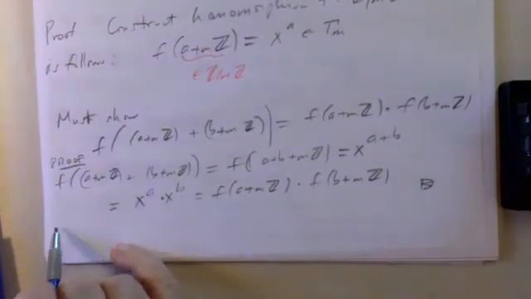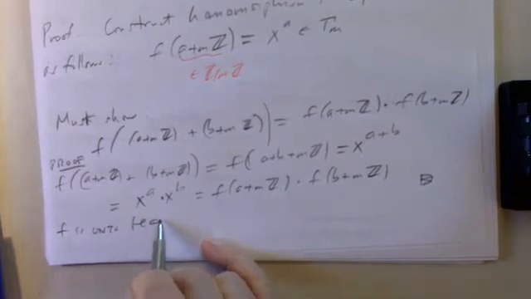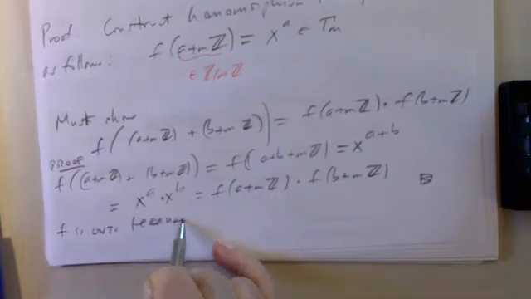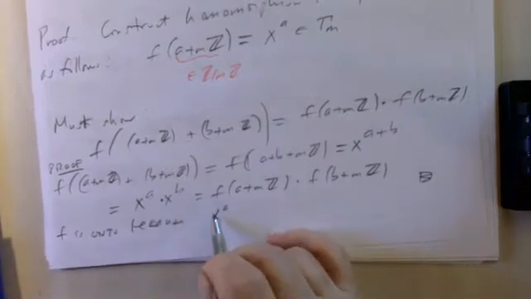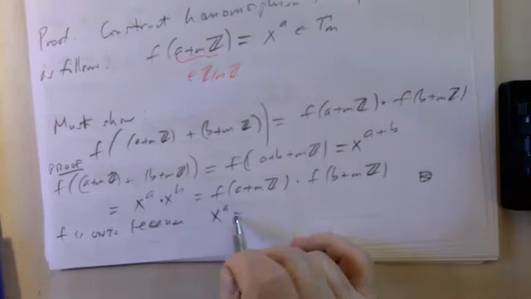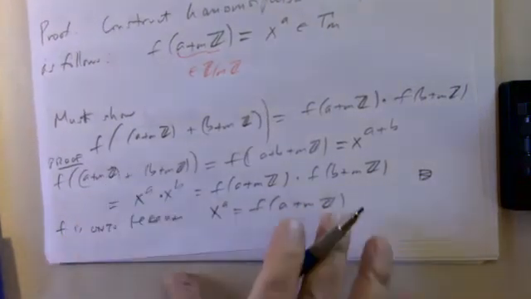f is onto because any power of x, x to the a, is f of the congruence class a plus mZ.